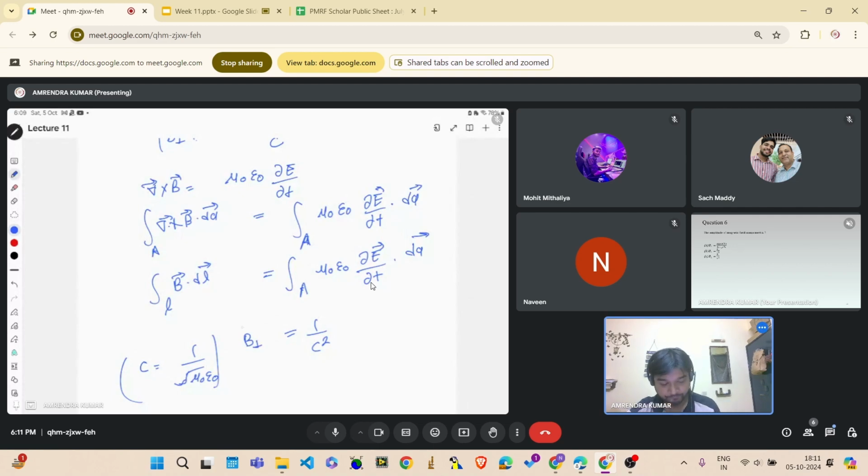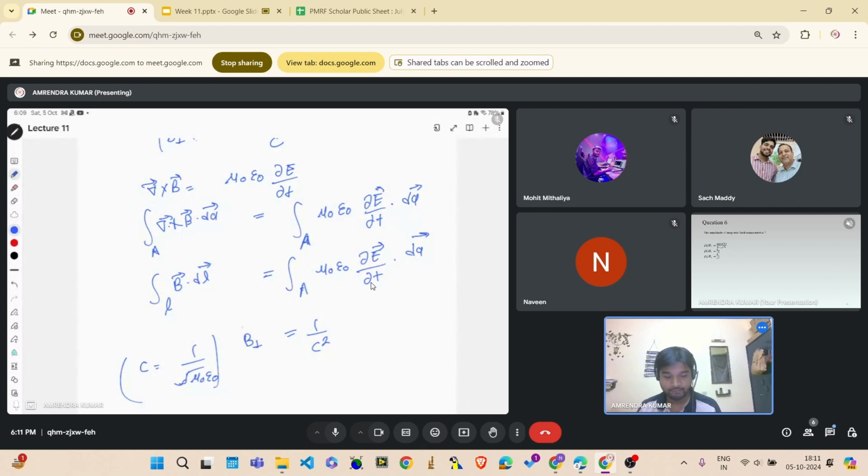So we squeeze delta, and we will have this B dot dl this way. It is like this, and this is this, and close integral is there.